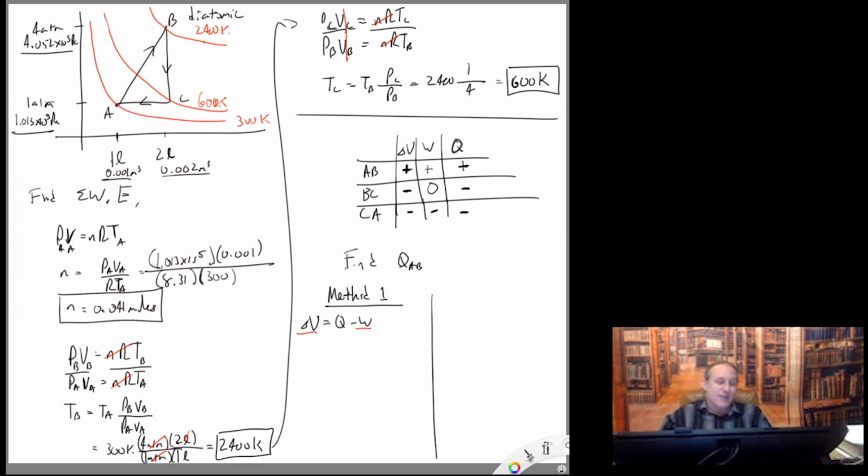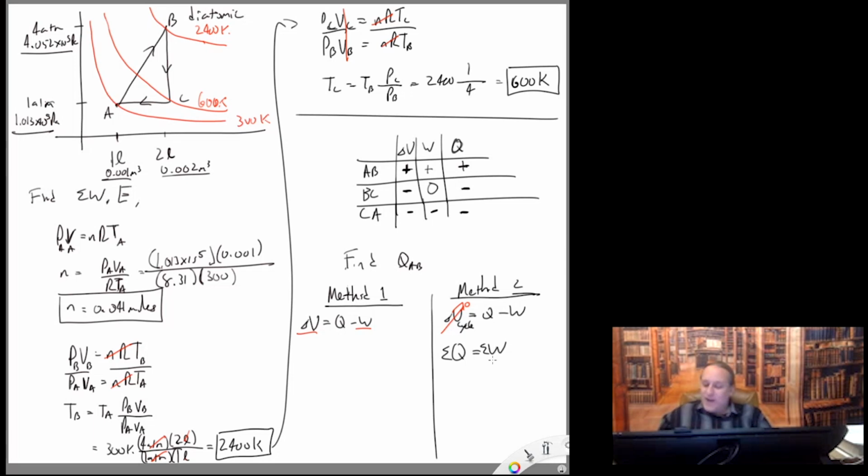And either one works, and they're basically the same amount of work either way. Method 2. Well, we use delta U equals Q minus W for the whole cycle. And we know that that's equal to 0 for a whole cycle. And so Q just equals W. And this is the net Q equals the net W when we're talking about a whole cycle.